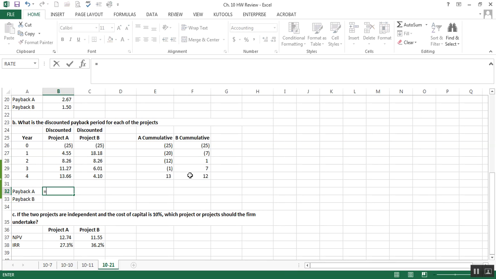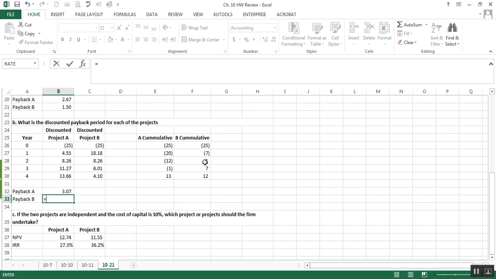And we're going to do the same thing. So here, it doesn't turn positive until year 4. So we're going to start with year 3 and find out what portion of year 4, so the 1 divided by the 13.66. So the discounted payback period is going to be 3.07 years for Project A.